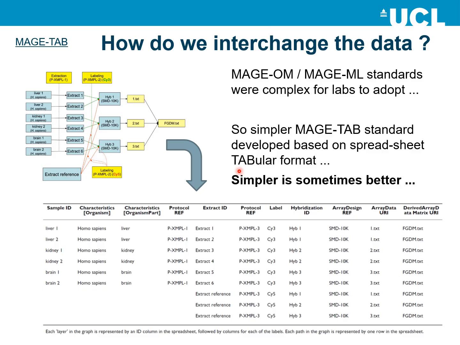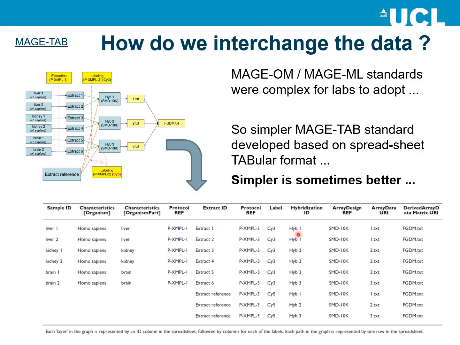It was basically a tabular format. So that previous experiment with liver samples, kidney, brain, would be represented in MAGTab as, well, sample ID, liver 1, Homo sapiens liver, what protocol to use to extract it, what protocol to use to label it, which hybridization ID did it go on.